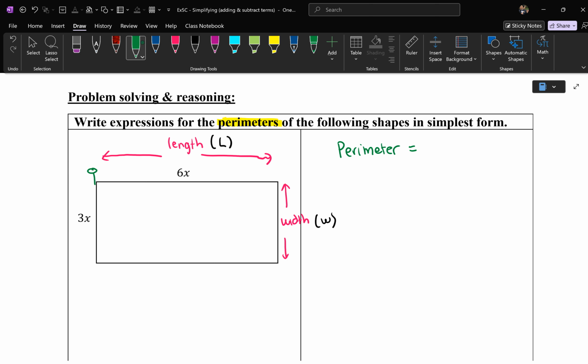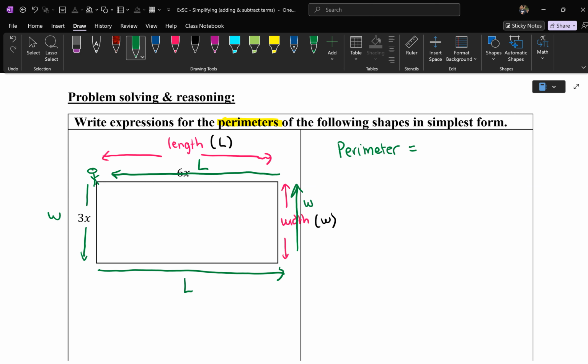So hypothetically, if I was this person standing on that particular corner, if I were to walk around and see what the perimeter of the shape is, I'd have to walk one width down, then one length across, then another width up, and then another length back.